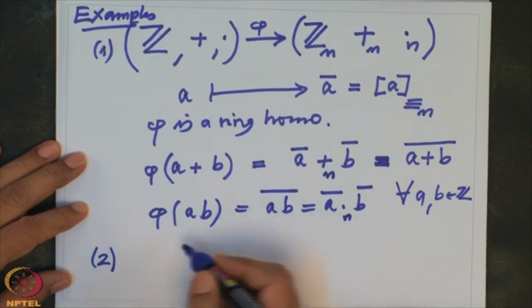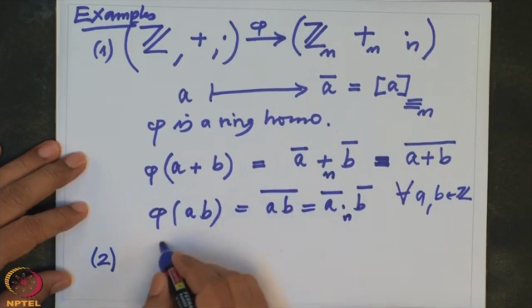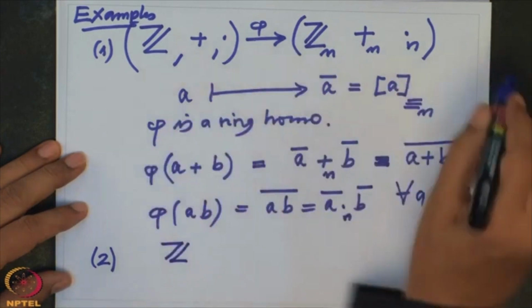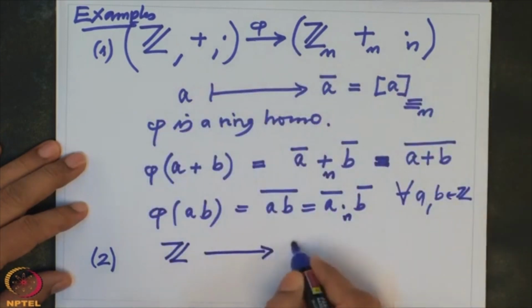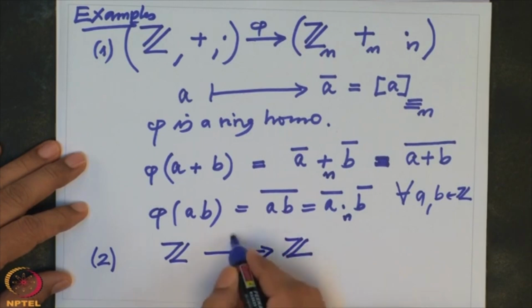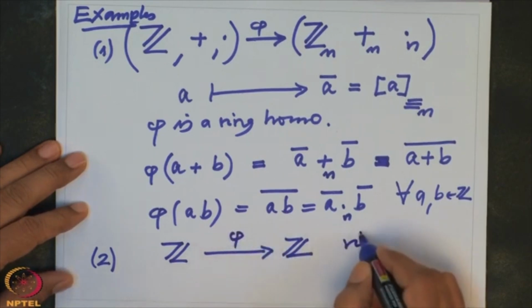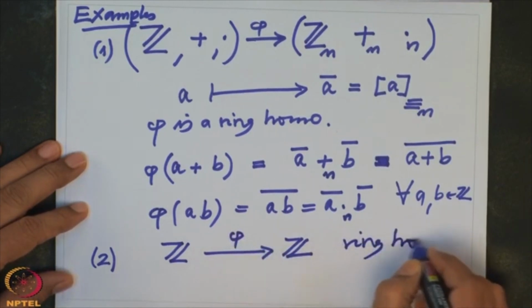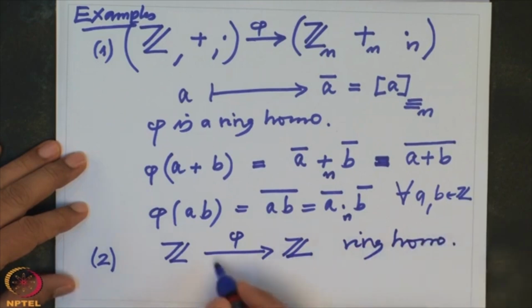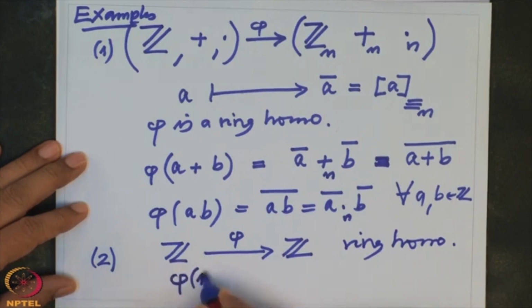Every ring homomorphism from Z to Z, now I drop that plus, dot, etc. If I have a ring homomorphism from Z to Z, then what can it be? Let us try to analyze. So first of all, note that by our definition, 1 has to go to 1. So phi 1 is 1.